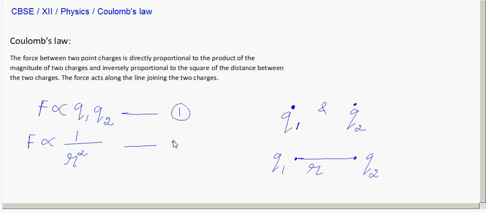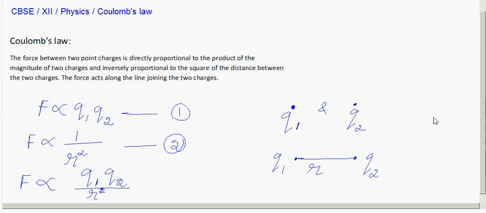If I combine equation 1 and 2, I can write the total force. So total force is directly proportional to the product of magnitude of two charges and inversely proportional to the square of the distance between them. And this force acts along the line joining the two charges. F is proportional to Q1 Q2 by R square.